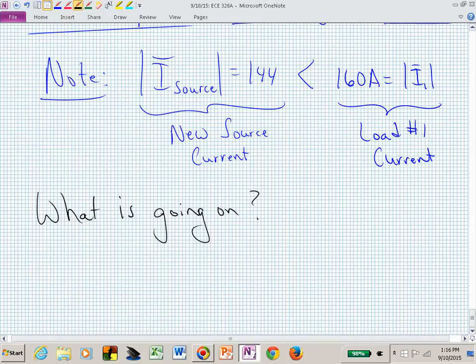And they're able to supply each other with what they need overall, so that capacitor is working in concert with that inductive load, and it can now deliver to that inductive load 160 amps, even though the power company is only giving you 144.